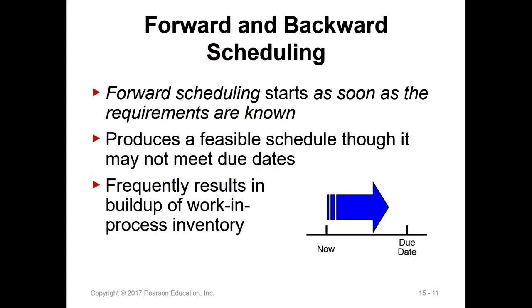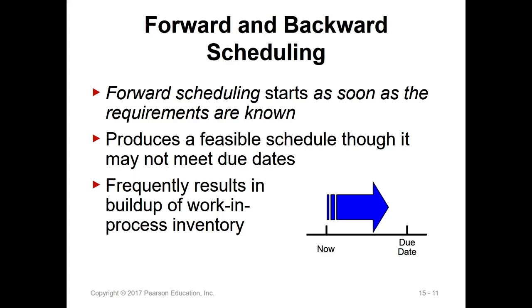For forward and backward scheduling, if you look at this small diagram, you see that forward scheduling starts as soon as we know the job requirements. It's going from this moment going forward.